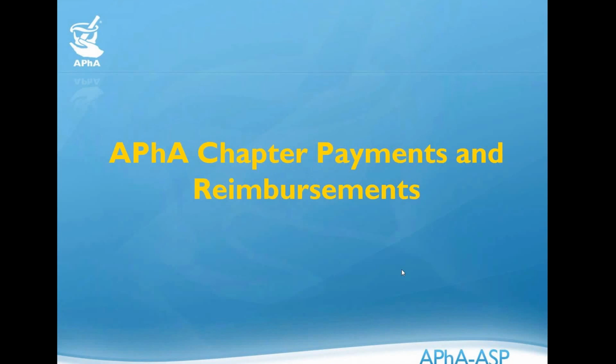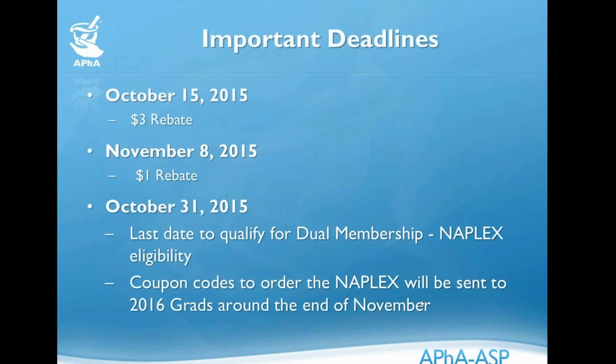And this is kind of the fun part about your job, because this is how you get the money to fund a lot of your projects. We'll start off with a couple important deadlines. October 15th is the deadline to earn a $3 rebate per member that joins your particular chapters.